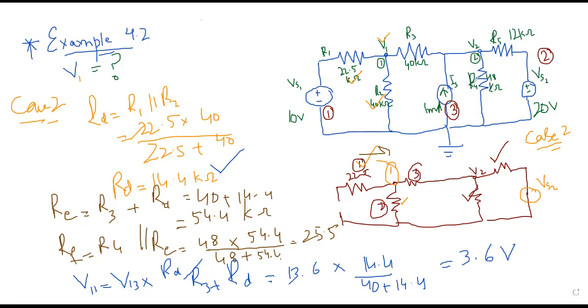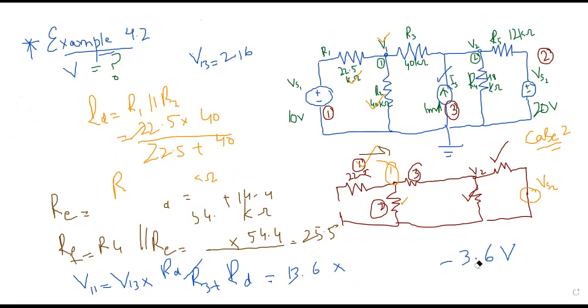Now for case number 3, when I am using only the current source, the value of V for case 3 is approximately equal to 2.16. So for the total value of V, how to find the total value of V?